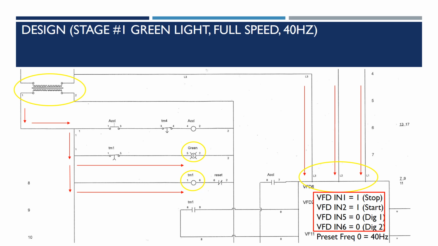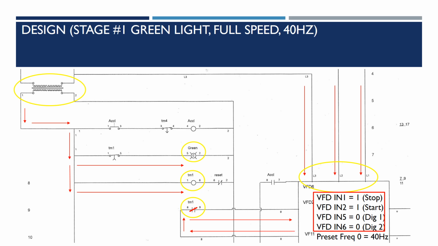Once power is applied to the coil of TM1, it begins a 7-second timer that will change the state of the timed contacts on TM1 once that timer expires. We are also using an auxiliary contact, TM1, which as soon as TM1 is energized, will close and will allow the 24 volts that's supplied by the VFD to pass through and go into our start run input, which will change our input 2 to a 1, which will get our motor spinning.